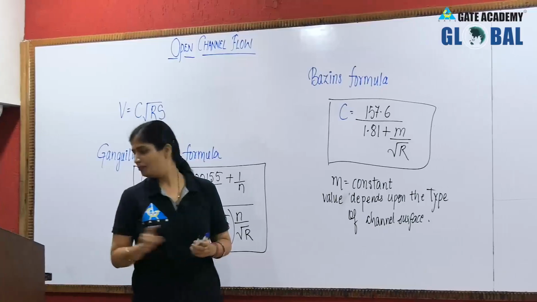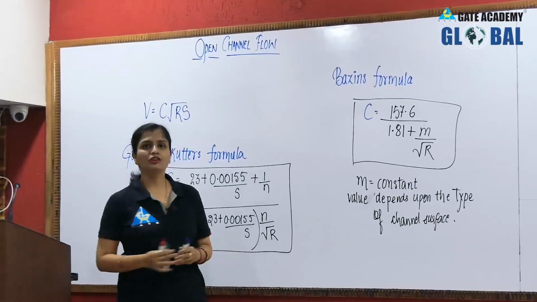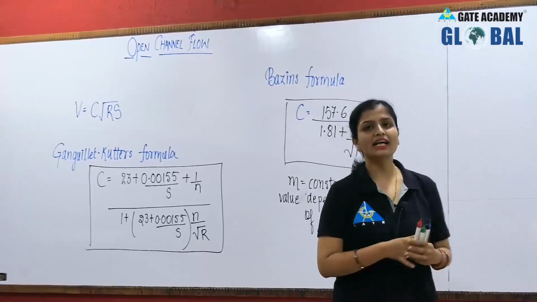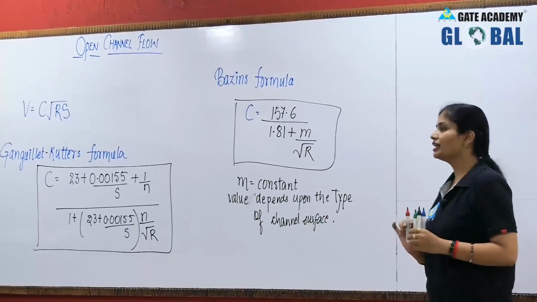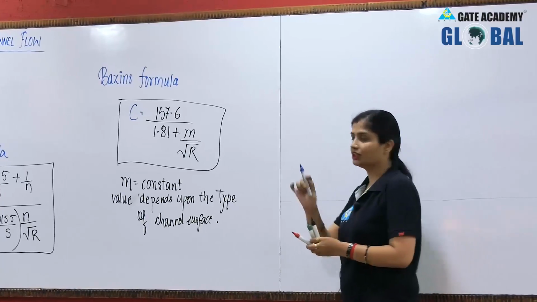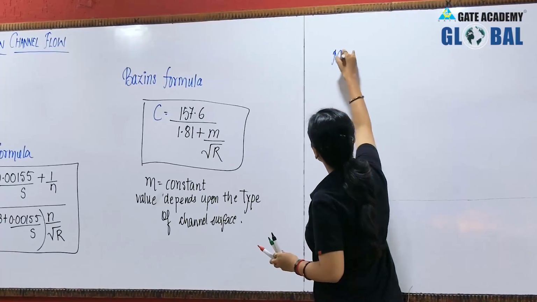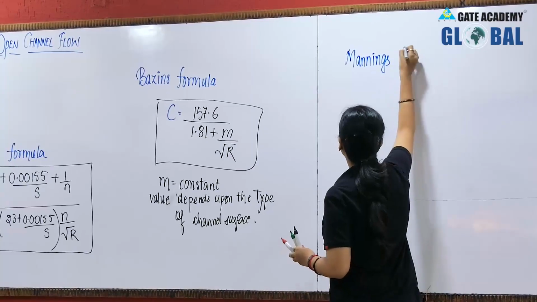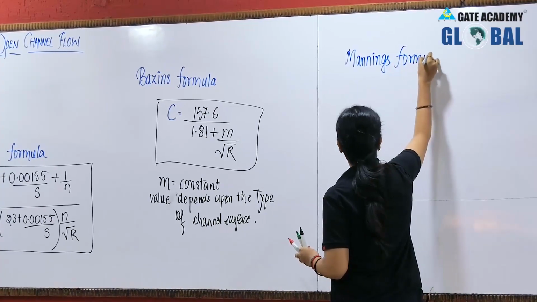Now, there is another way through which you can calculate the average velocity, and that formula is known as Manning's formula or Manning's equation.